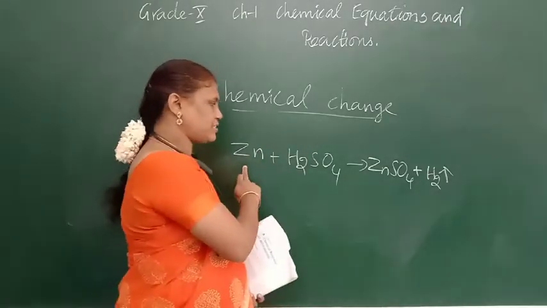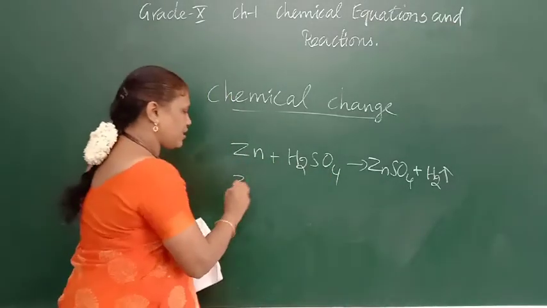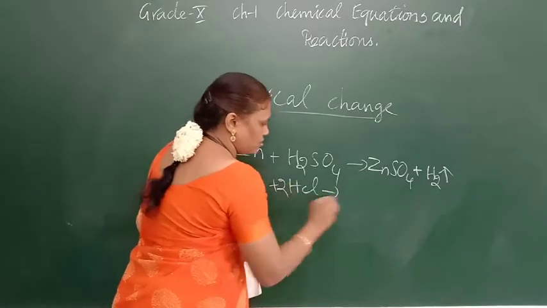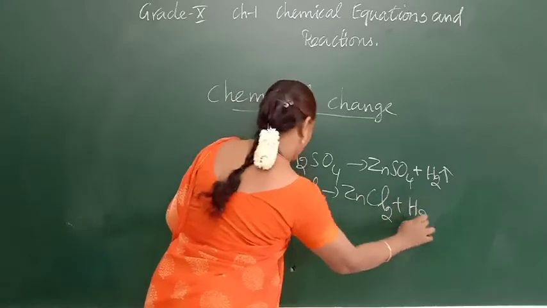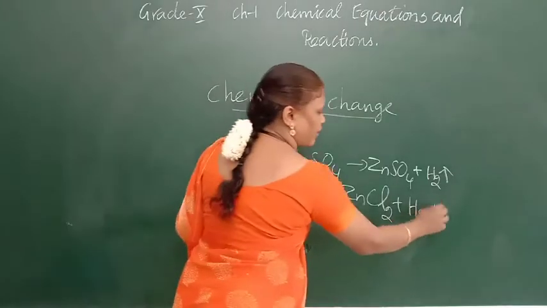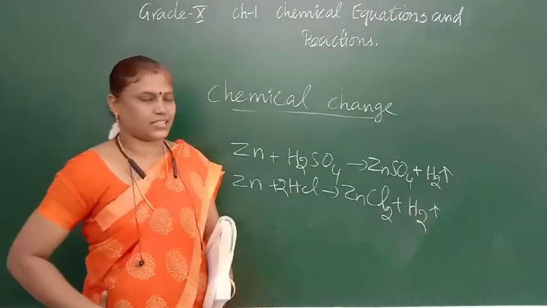So zinc I have taken as the metal, sulfuric acid means zinc sulfate. If I take hydrochloric acid, it gives zinc chloride plus H2, hydrogen gas. So whenever a metal reacts with an acid, it gives salt plus hydrogen gas.